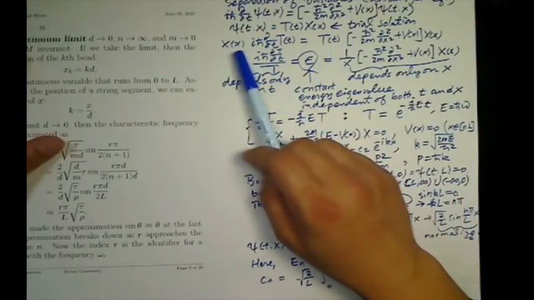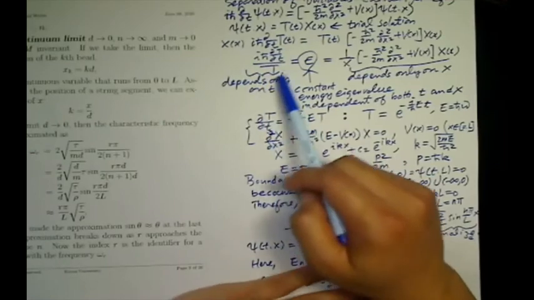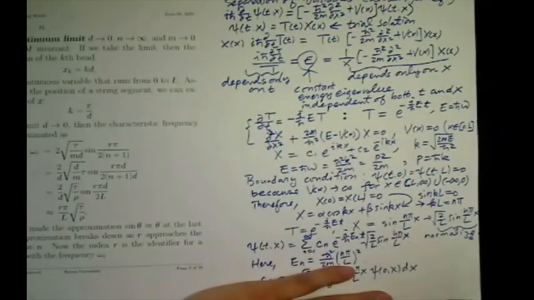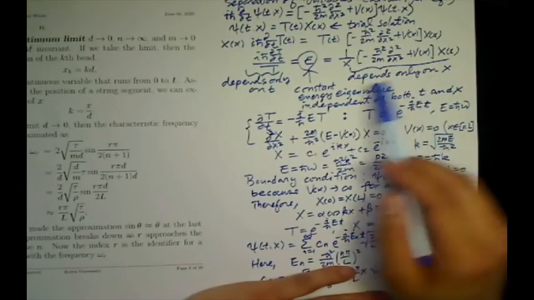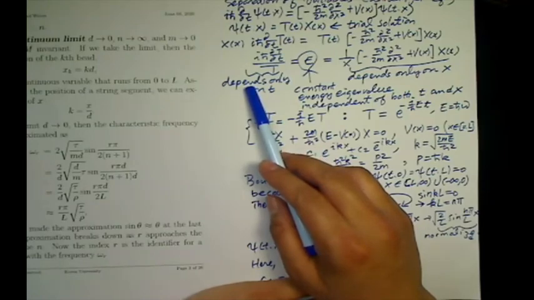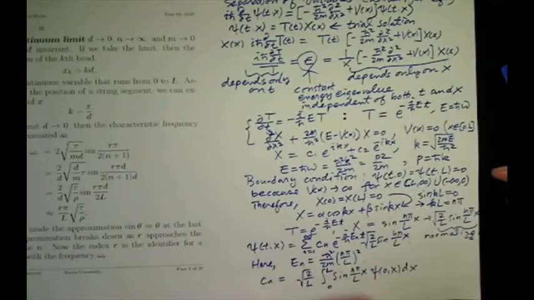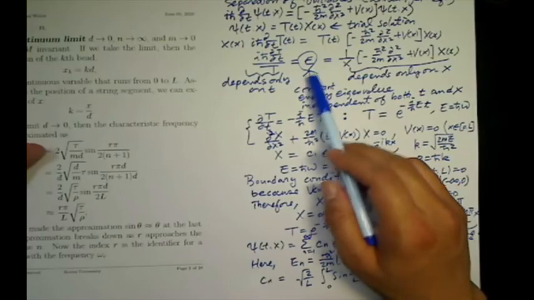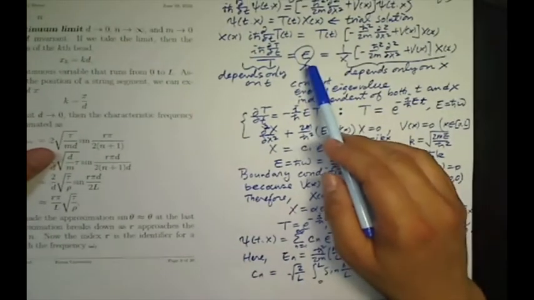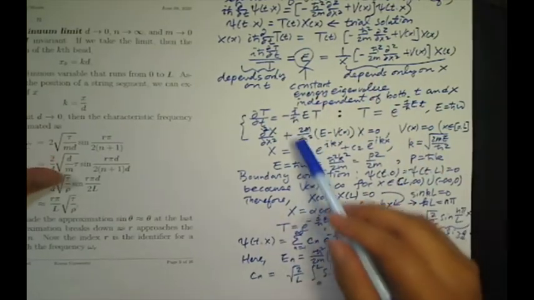If we divide these equations by X times T, the left-hand side will depend purely on t, and the right side depends only on x. Because one depends on t only and the other on x only, these two values must be independent of both x and t. Therefore, we introduce an eigenvalue E that is constant and independent of both t and x.